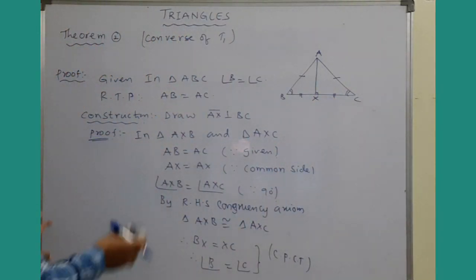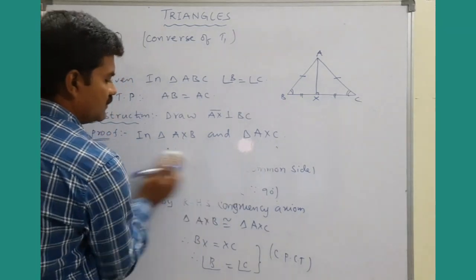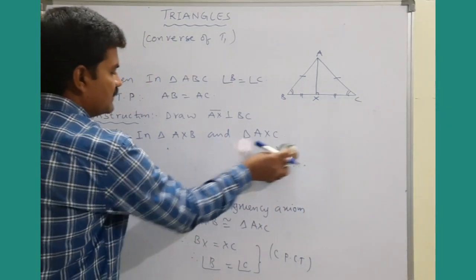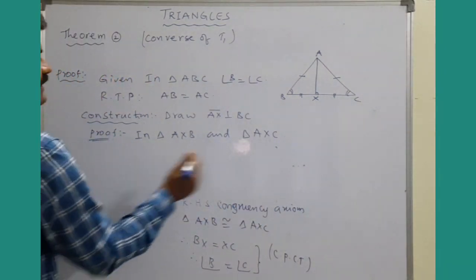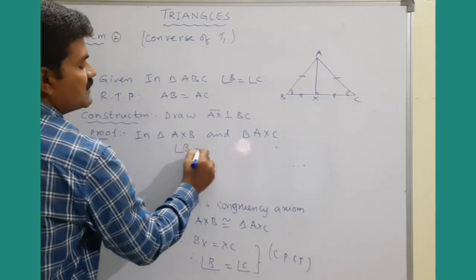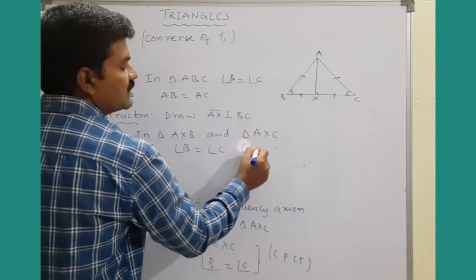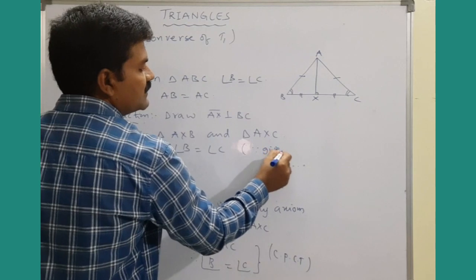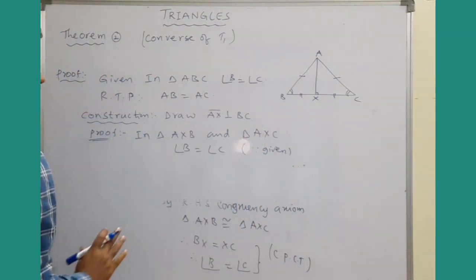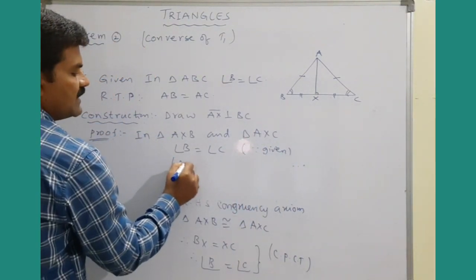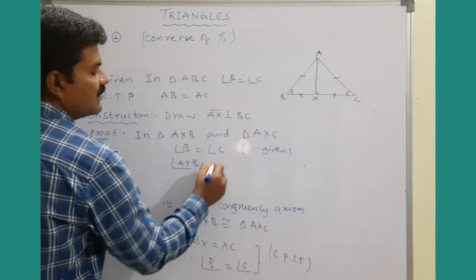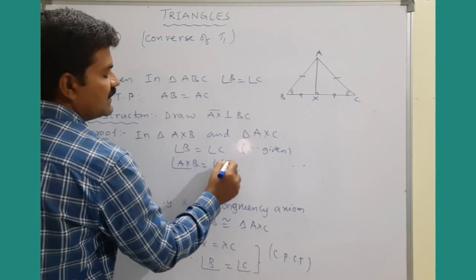So in this, look at now. Already given angle B is equal to angle C. These two angles are equal. And what can you say about angle AXB and angle AXC?